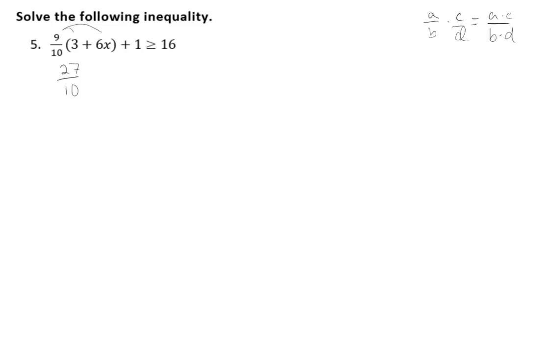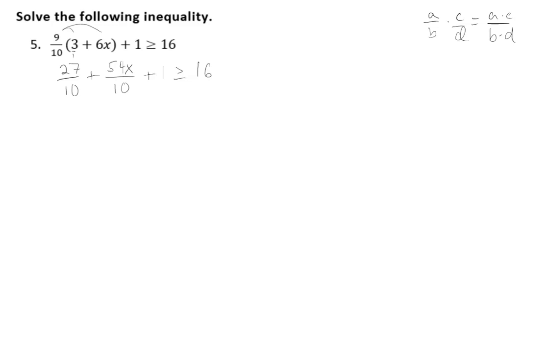So that's 9 times 3 is 27. 10 times the understood 3 over 1 gives me 10 on bottom. Plus 9 times 6 is 54x over 10. Plus 1 is greater than or equal to 16.